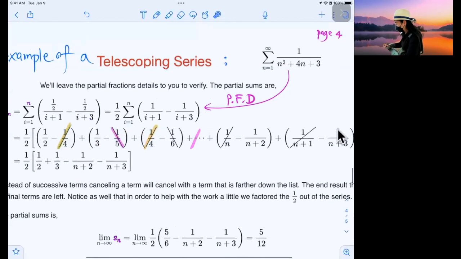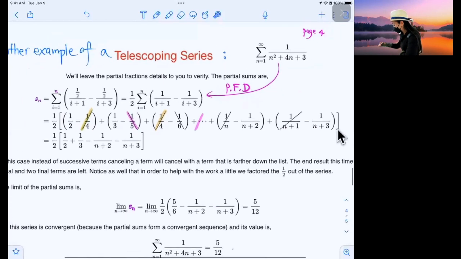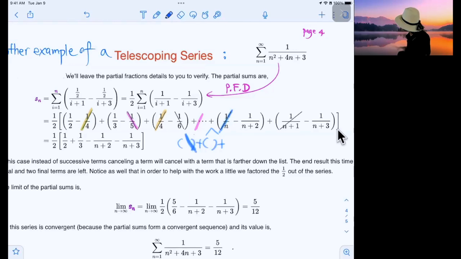Taking a look at this pattern, you're going to see all the terms here are going to cancel. Say, for example, this one is going to cancel with something that is one term before that. Then it's going to cancel with one term over here. This one and the term over here, they're going to cancel. These two cancel.